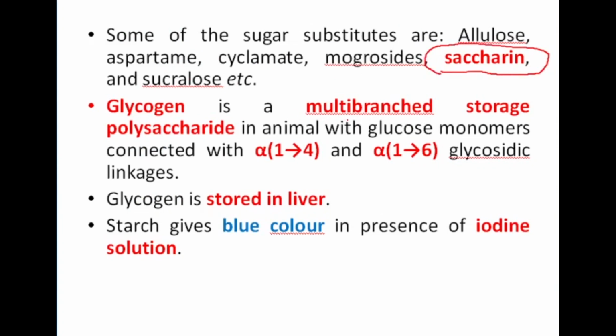Then glycogen is a multi-branched storage polysaccharide which is found in animals, and the glucose monomers are connected with alpha 1,4 and alpha 1,6 glycosidic linkages. And glycogen is stored in the liver.